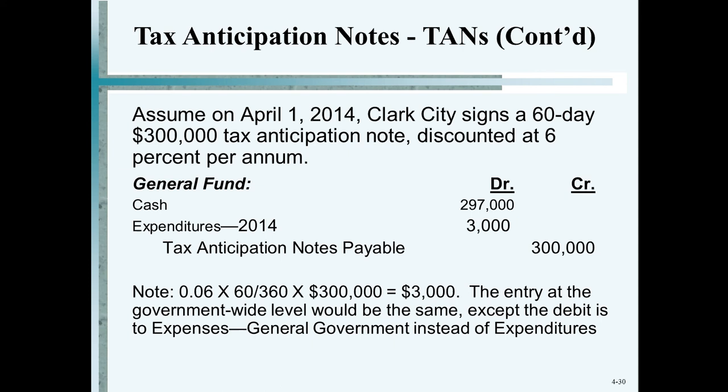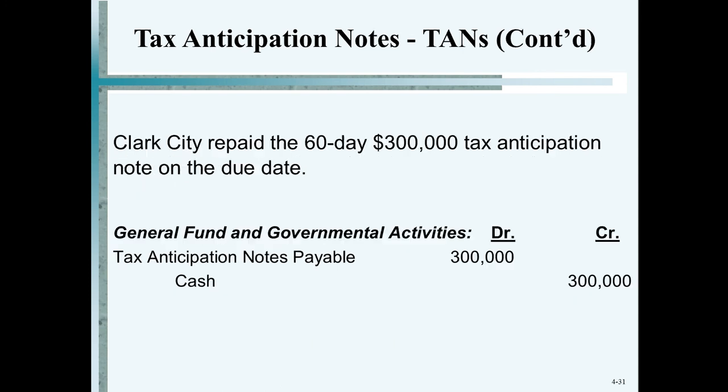Expenditures of $3,000 for the difference, that discount, and then the tax anticipation notes payable is $300,000. The entry at government-wide level would be the same, except the debit is to expenses, general government, instead of expenditures. Remember, expenditures for the funds, expenses for the government-wide level.